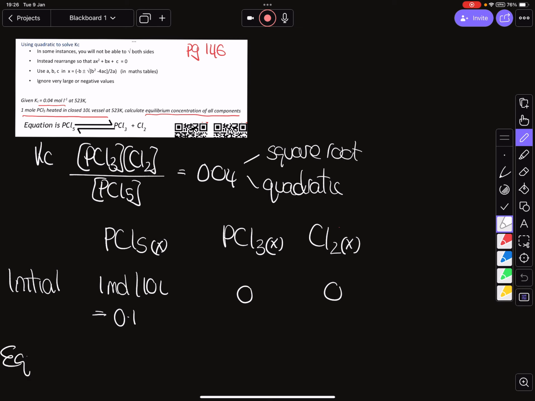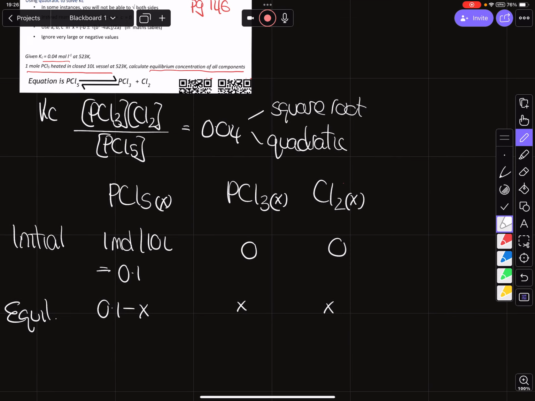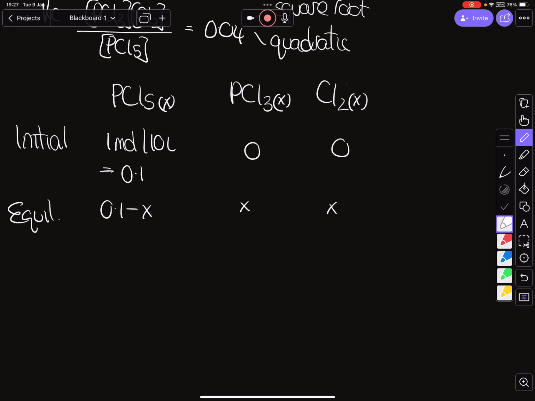In terms of equilibrium, I can write 0.1 minus x for PCl5, and these guys are going to increase by x. I have no other information, so I have to input all of this data into my Kc equation.